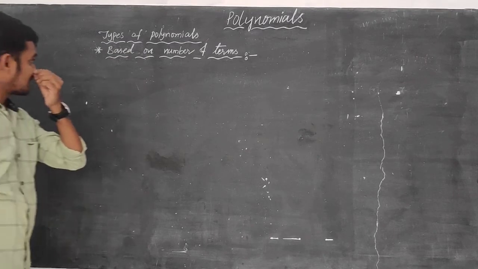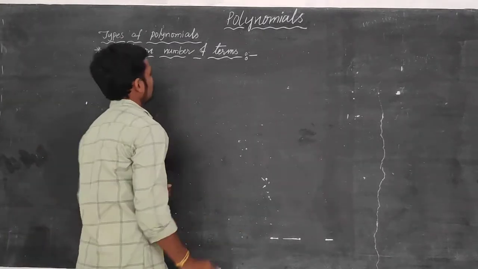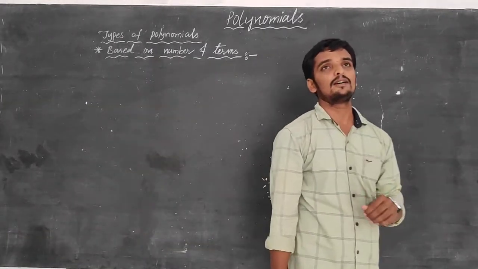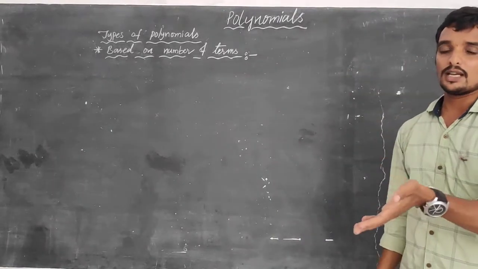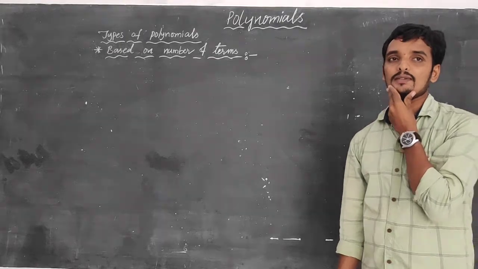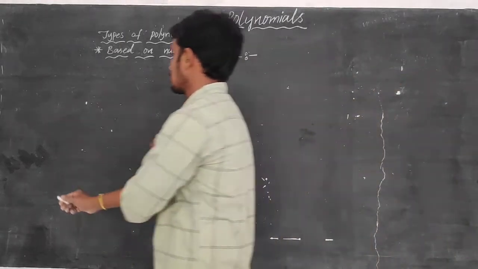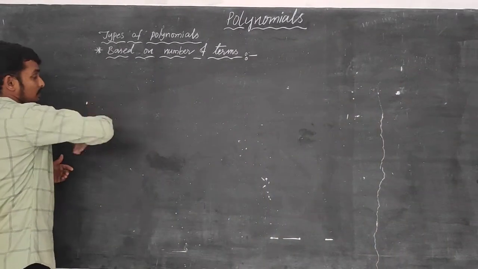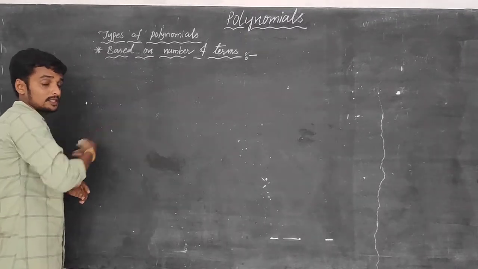So, types of polynomials. The first side heading is based on number of terms. This we have already completed in types of algebraic expressions. I am just explaining it orally, and you have to write the notes.